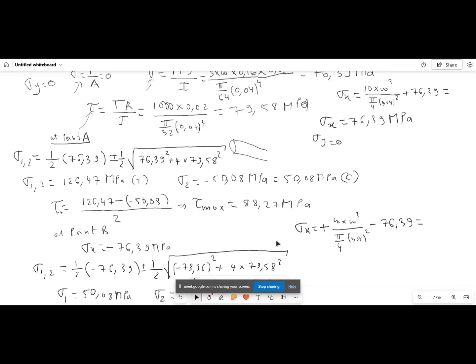That is the total rho x at point A. No, the book is getting 84,35.